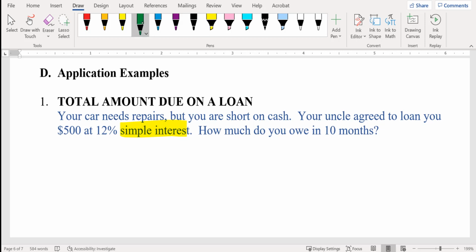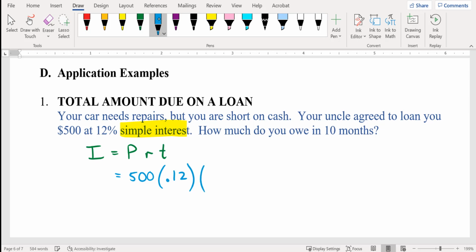Okay, if you'll remember your formula, interest equals principal times rate times time. Your principal is $500, 12% simple interest, so that's going to convert to a decimal, 0.12, and 10 months. Remember, we have to convert to years, so that's 10/12 of a year.